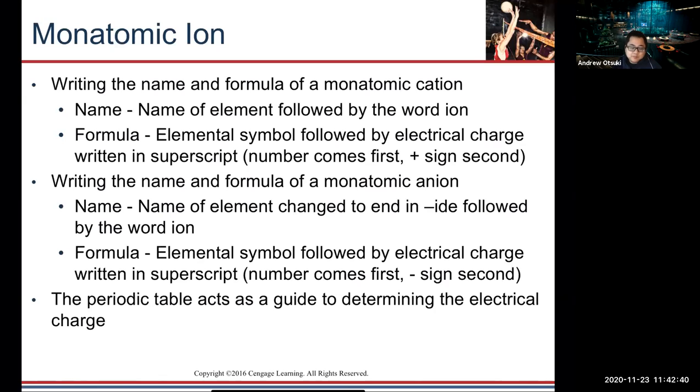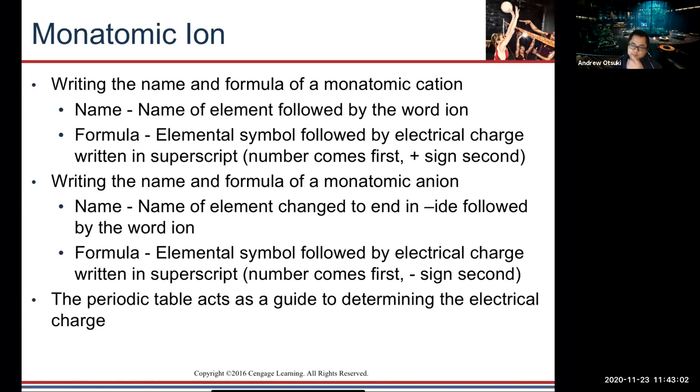Whatever method works fine. So for ions, when we have a monatomic ion, an ion composed of only 1 element, for example, bromide, sodium ion. When we talk about cations, we simply write the name of the element and say ion. For example, sodium ion.